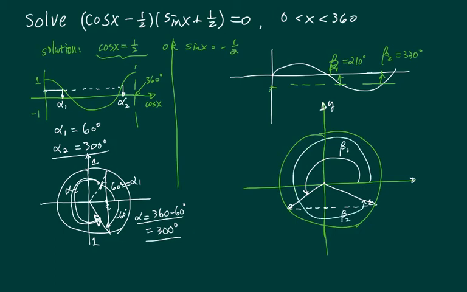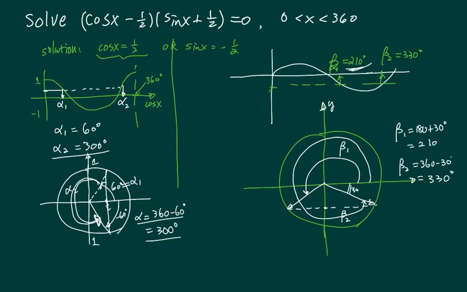Beta 1 is equal to 180 plus another 30 degrees, which is 210. That's this one over here. And beta 2 is basically 360 degrees minus 30. This is the 30 here. That gives us 330 degrees.